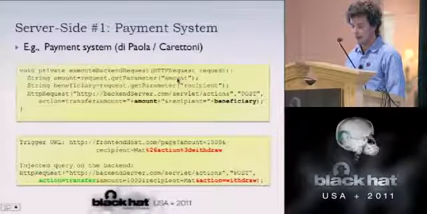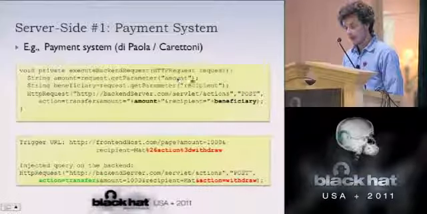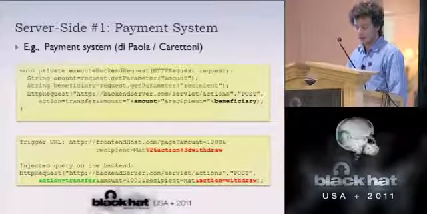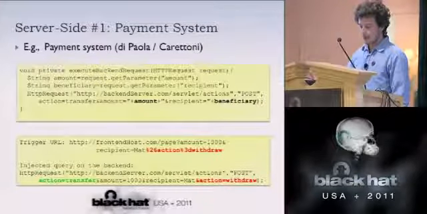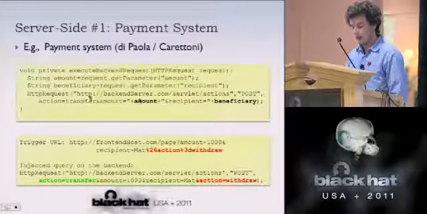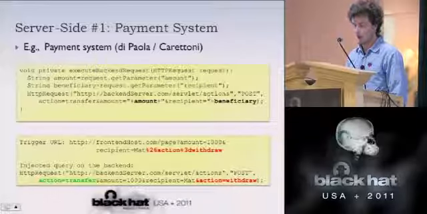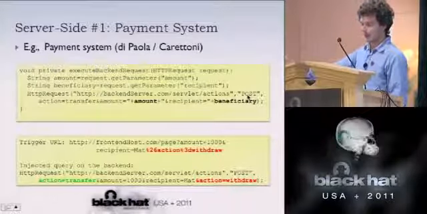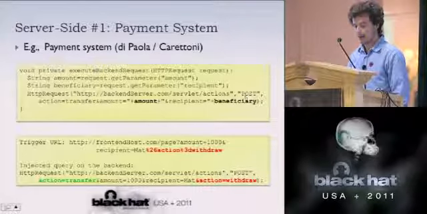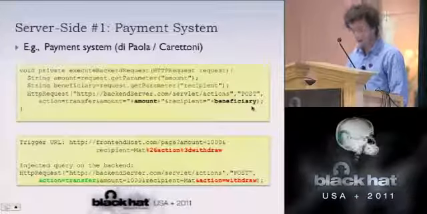One is the amount of money that you want to transfer, and the other one is the recipient of your transfer. What the front end does is build a query for a backend server. Actually it's a POST. The front end makes a POST to the backend, specifying that you want a transfer of this amount of money to this guy.